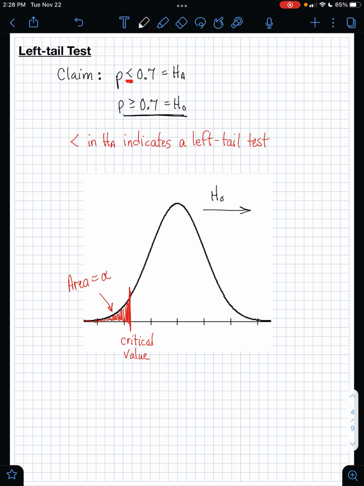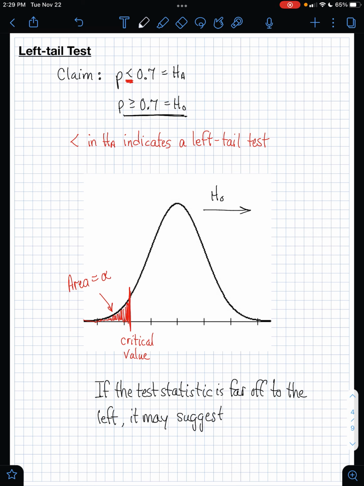So if we find our test statistic is far off to the left, it may suggest that the null hypothesis is incorrect. How far off to the left does it need to be?